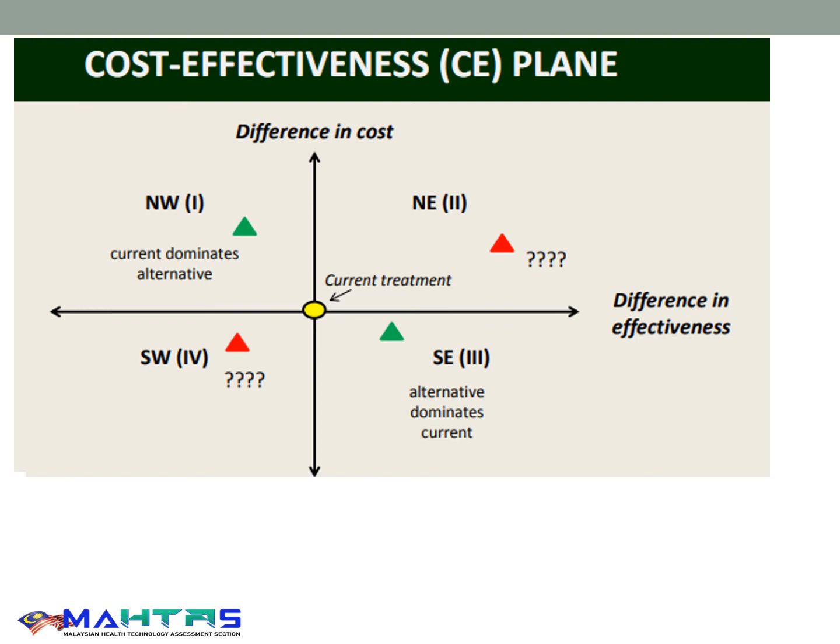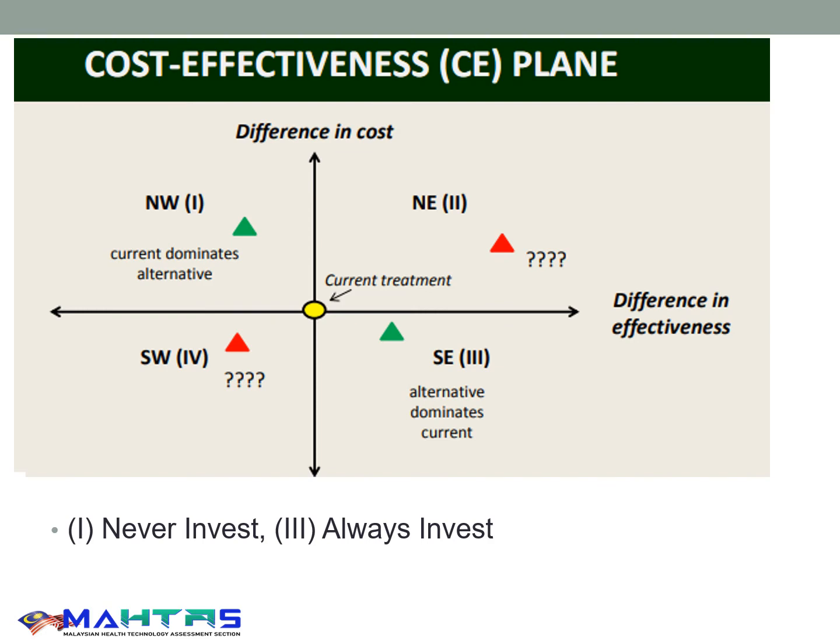If the new treatment is less effective and more costly, which falls into the Northwest or NW quadrant, definitely the new intervention is dominated, or we are definitely not going to use that particular new treatment.